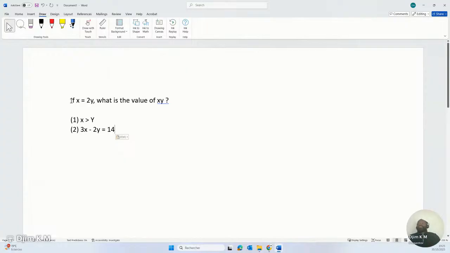So x equals 2y. What is the value of xy? And here it says x is equal to 2y.